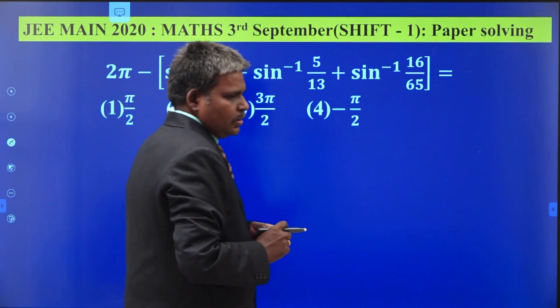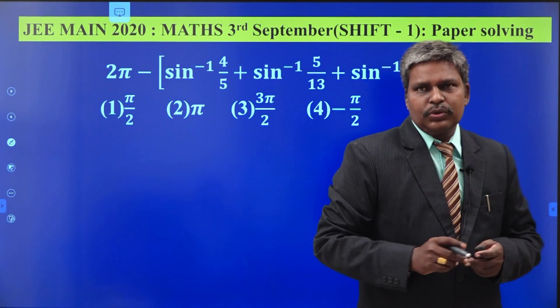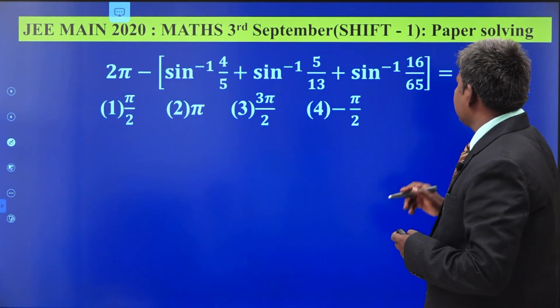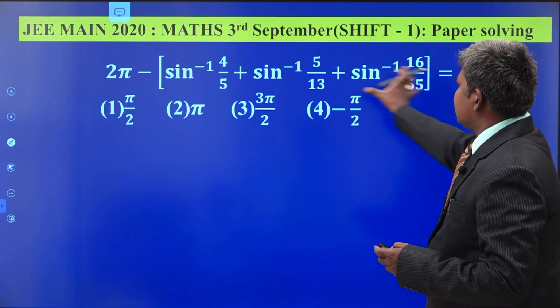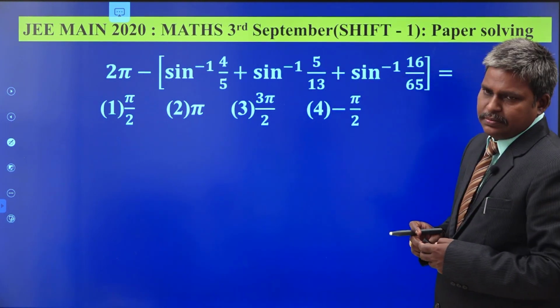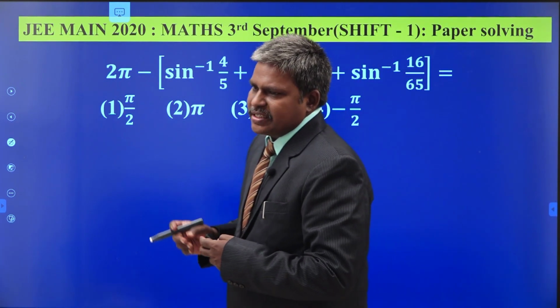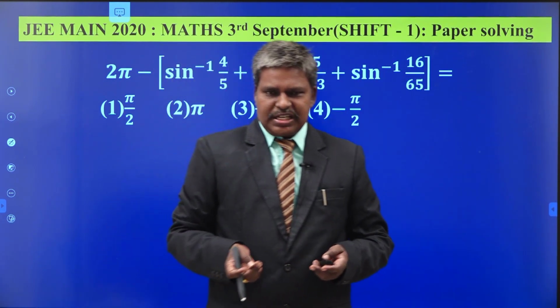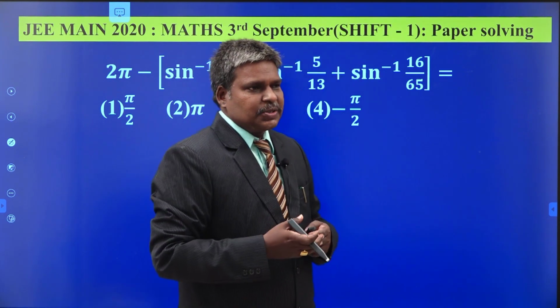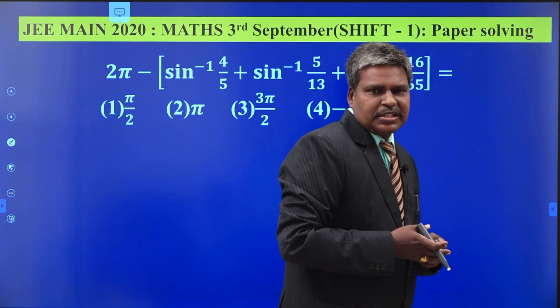See this one. This is the question related to inverse trigonometric functions. 2 pi minus of something is what? This is the question. Dear students, sin inverse x plus sin inverse y, tan inverse x plus tan inverse y, cot inverse x plus cot inverse y, cos inverse x plus cos inverse y.